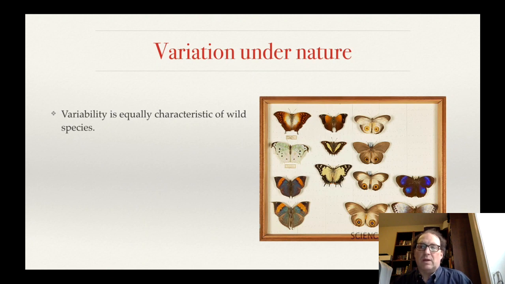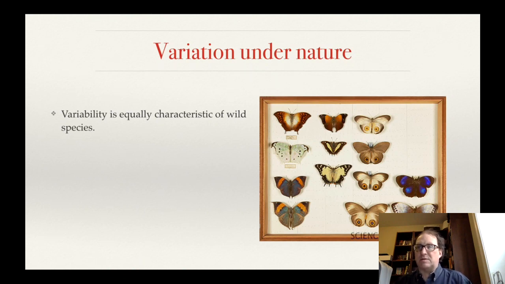And just to point out then, right, one of the things Darwin needs to do is to point out that this kind of variability is, again, the norm even among wild species. Many people before Darwin believed that it was the unusual variability of domestic animals that was one of the characteristics of domestication.